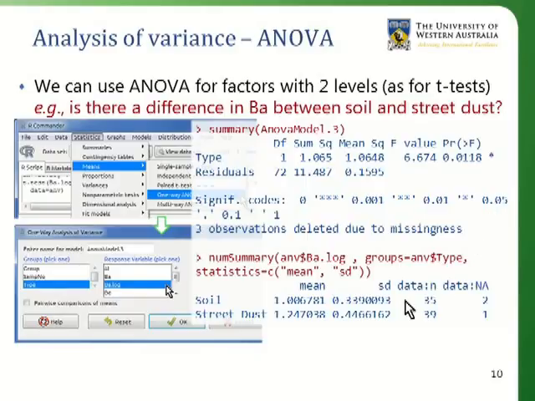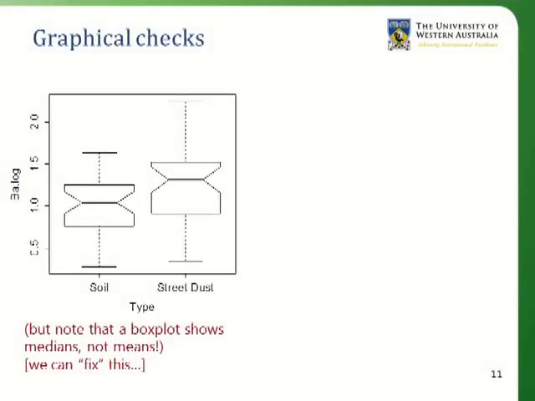And we get a table of means as well, with a little bit more information. The standard deviations are included, the number of data in each group, and the number of missing observations in each group. We wouldn't be doing ourselves justice if we didn't do some graphical checks. So we can use a box plot, especially if we modify the script to include notches. It gives us some useful information. But we remember that the horizontal bar in the middle of the box plot is not the mean.